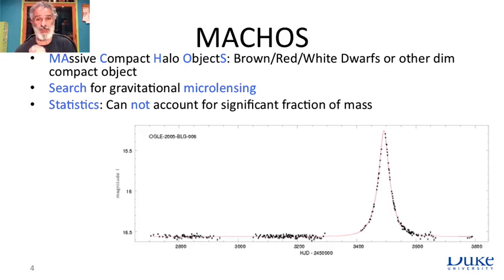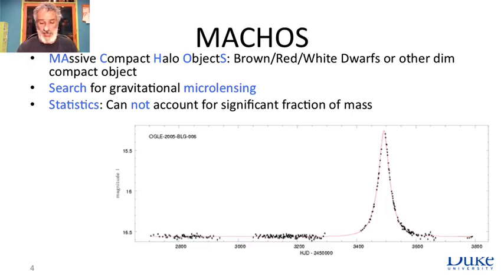What was happening to this star is that, as the Earth moved and the Sun moved, it was for those 30 days lined up behind some dark object, like maybe a neutron star or a brown dwarf, in between us and this star.